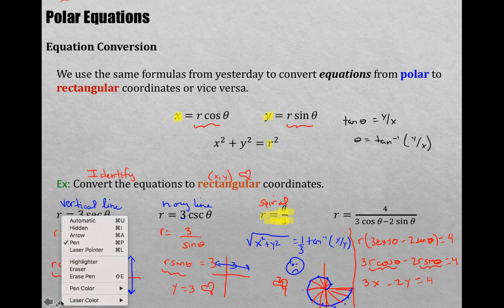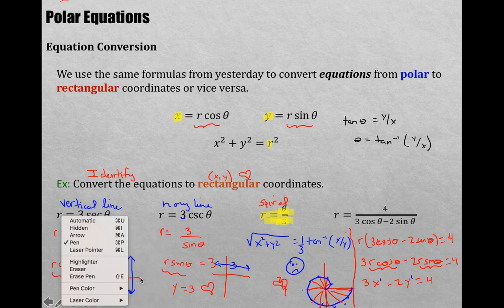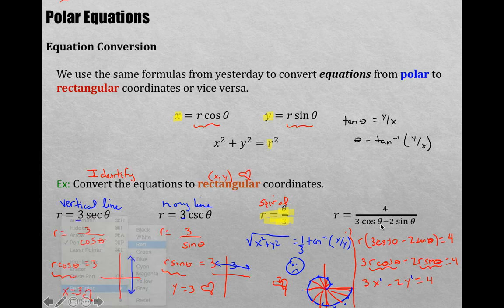It's not a horizontal line. It's not a vertical line. It's a diagonal line. X to the first and y to the first, diagonal line. Well, that's crazy. Let's graph it. When you put 0 in for x, y is -2.